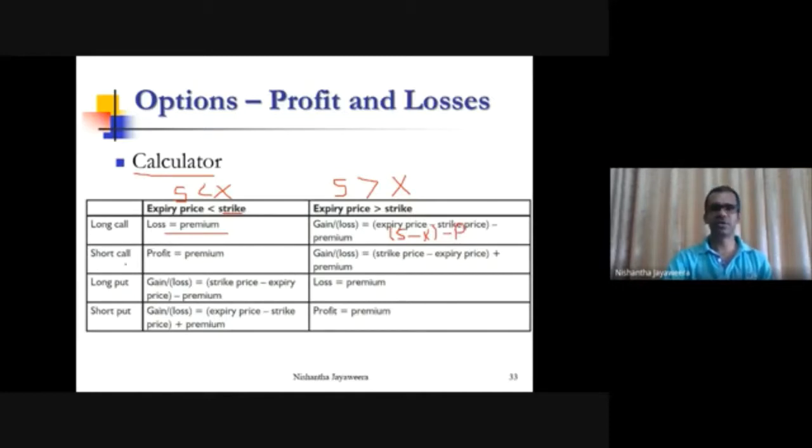In a short call, or a short put, your maximum gain is equal to the premium. You can see this is premium, this is premium. You won't get anything other than the premium as the short party of an option.